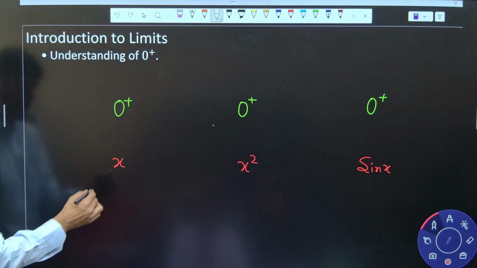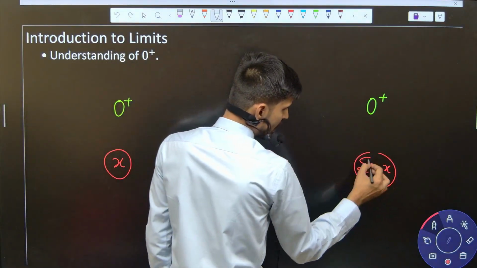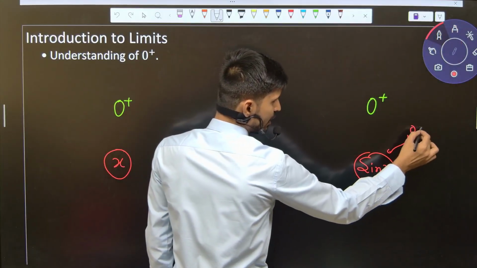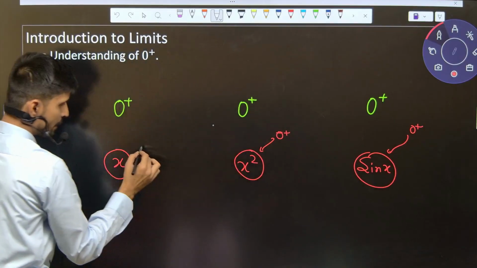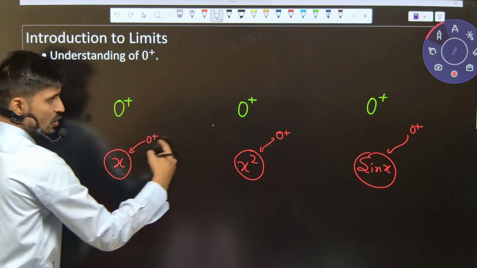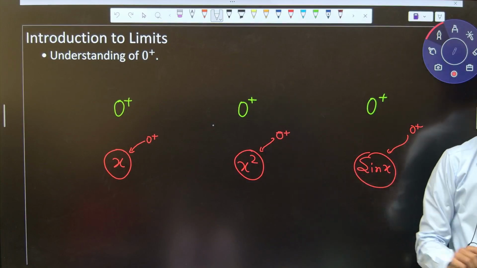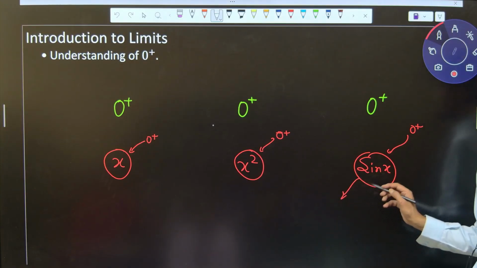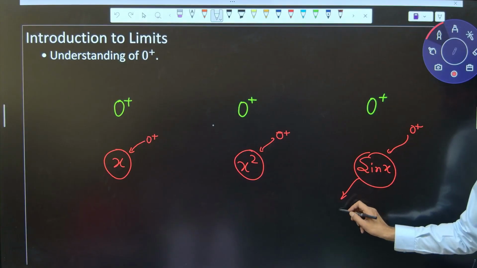Now for all three expressions, I am going to give input 0 plus. So the input 0 plus is the same for all three. Now I want to take the output. Sine 0 is 0, so sine 0 plus will be 0 plus. Here the output will be 0 plus.